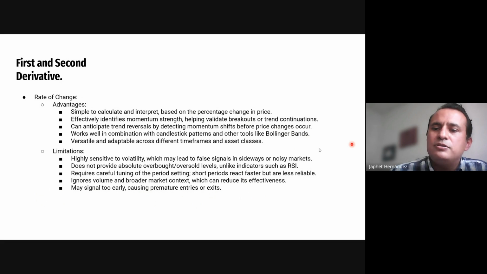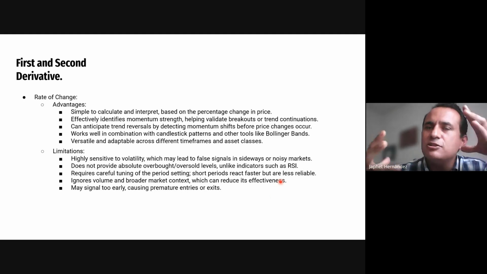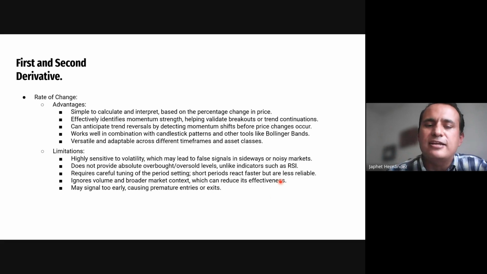We can think about that as the rate of change of the stock price value and the rate of change of the rate of change of the same. If we combine this again with other tools like candlestick patterns or Bollinger Bands, we're setting up a combo that combined will help us a lot.